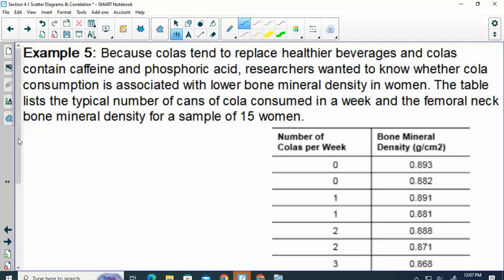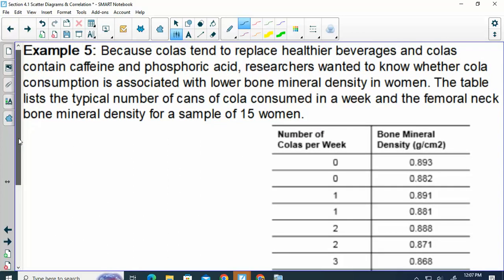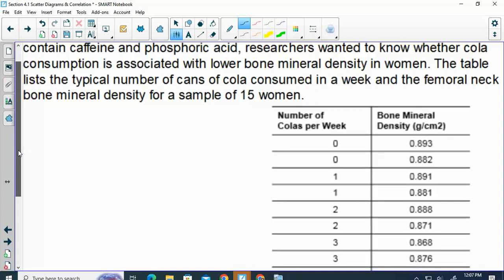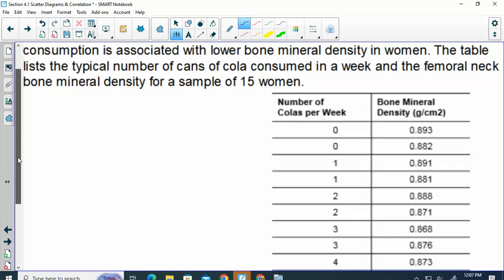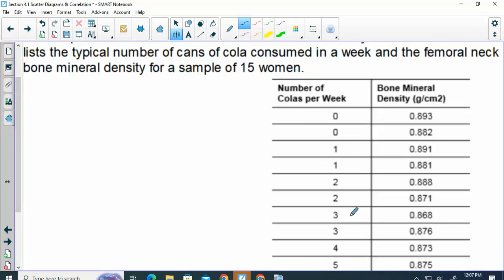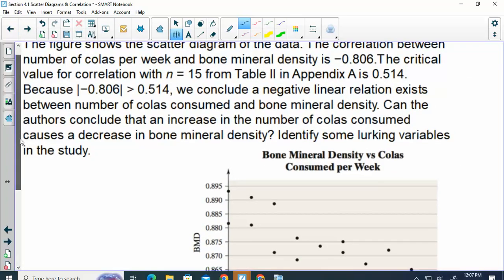Final example. Because colas tend to replace healthier beverages and colas contain caffeine and phosphoric acid, researchers want to know whether cola consumption was associated with a lower bone mineral density in women. So this is number of cans they consumed per week and the bone mineral density. Here's the scatter diagram.